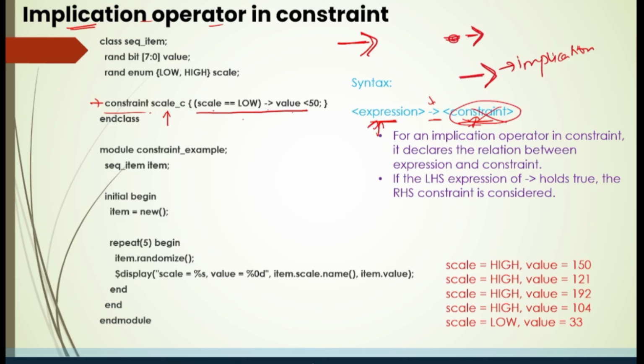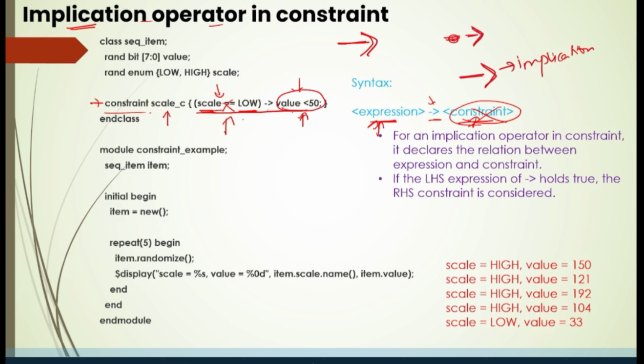If you see here, if scale is low, this is my expression, this is my condition. If scale is low, then my constraint will be executed. If the scale is not low, then this particular constraint is not executed. The remaining everything I am not going to explain because you already know it.